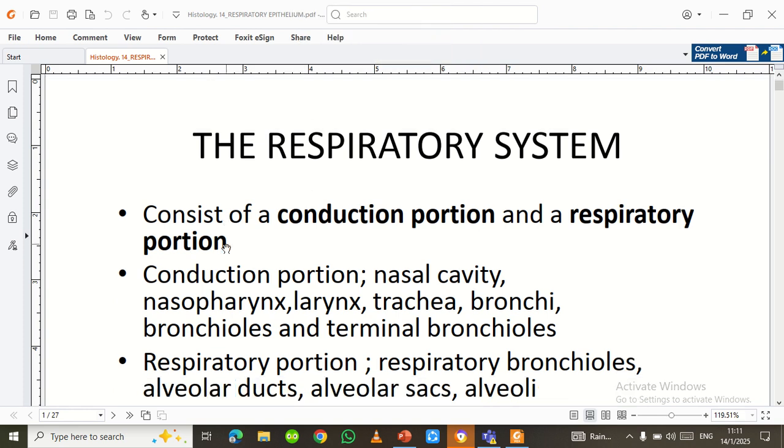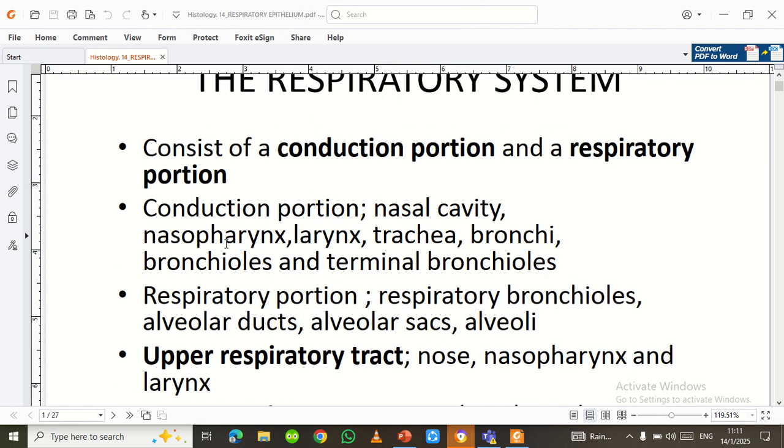The conducting system is the nasal cavity, the nasopharynx, the linings, the trachea, the bronchi, the bronchioles, and the terminal bronchioles. The respiratory portion has the respiratory bronchioles, alveolar ducts, the alveolar sacs, and the alveoli.